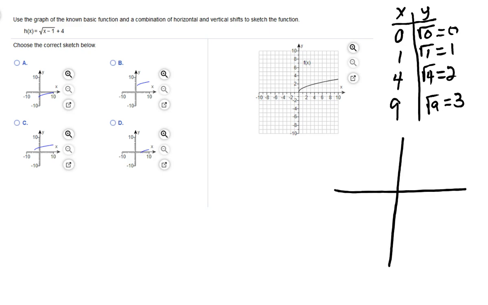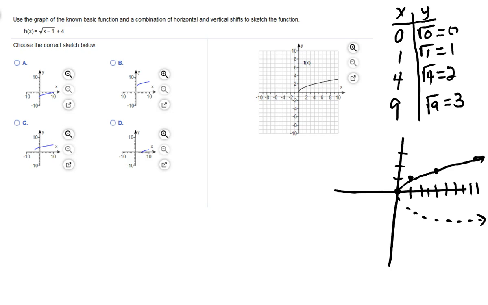So if I put that on my picture, 0, 0, 1, 1, 4, 2, and 9, 3 gives me that picture right here. And if you have trouble remembering what this picture looks like, this is actually half of a sideways parabola.